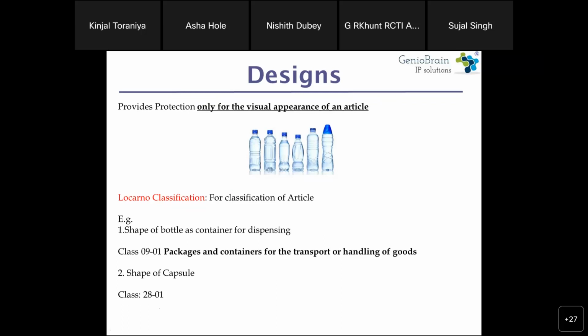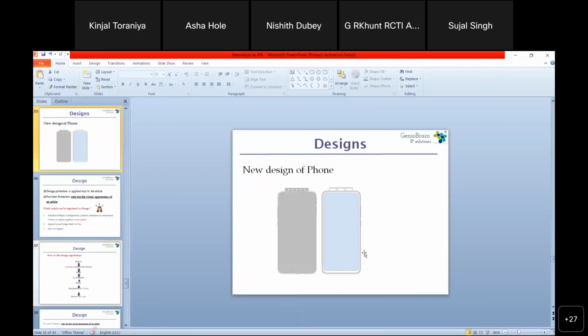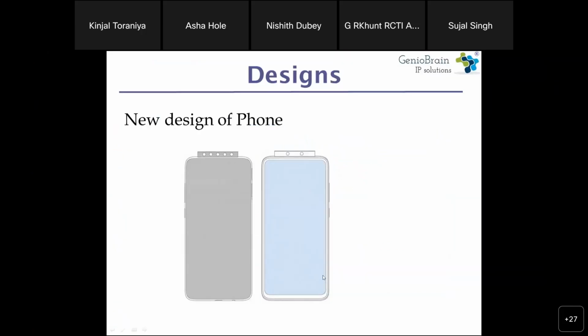They have protected their design, as they were the first to come up with a heart shaped capsule. That has been protected through a design, and their composition has been protected through a patent. So this is the difference between different IPRs for one innovation. Again, for design, I have given the example of this mobile phone.